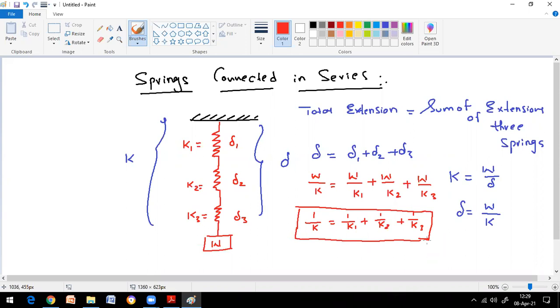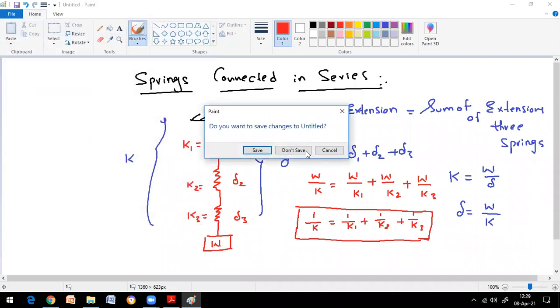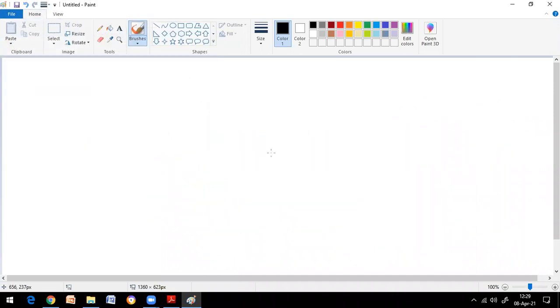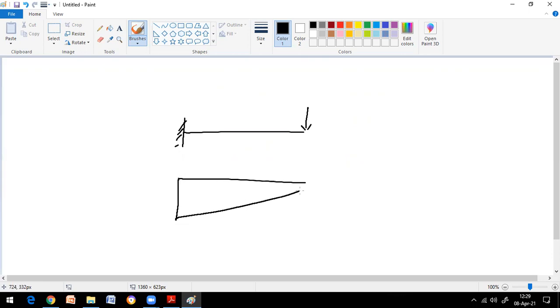If you take an example, let me write one example clearly where you can understand from your shear force and bend moment diagrams. Let us take a cantilever beam which is subjected to a point load at the end. If you see the bend moment diagram of this, the bend moment is maximum at the support and the bend moment is zero at the free end.